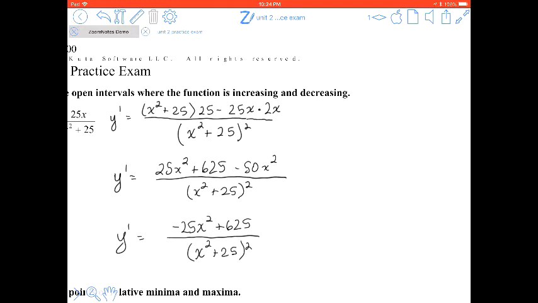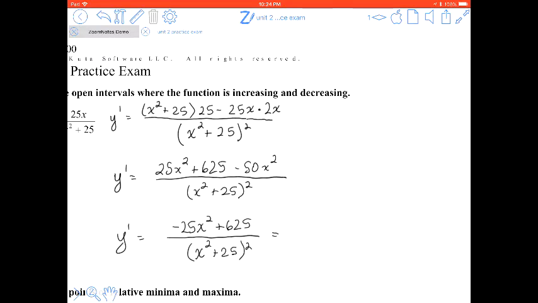But there's no values of x that's going to make this denominator equal 0, because anything I plug in for x, I'm going to square it, which makes it positive. And then I add 25, so it's positive still, and then I square it here. So no matter if x is positive or negative or even 0, the denominator is always going to come out to be something positive. So it's never going to be undefined.